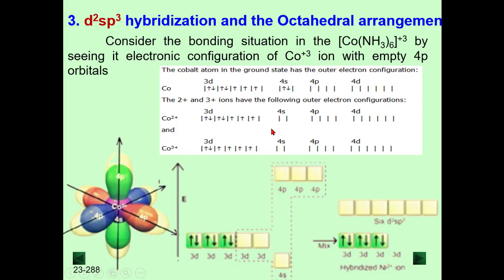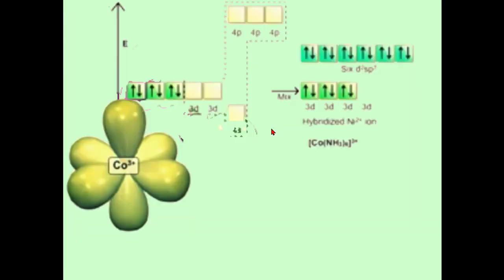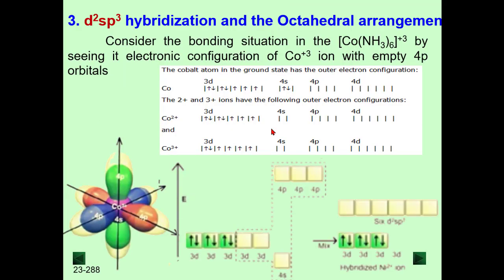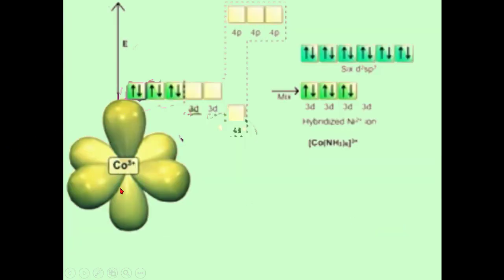So after adding, now the cobalt has 6 orbitals. You may see here the similar cobalt atom in the non-hybridized state, but when these hybridized 6 orbitals come here, these 6 orbitals are here.